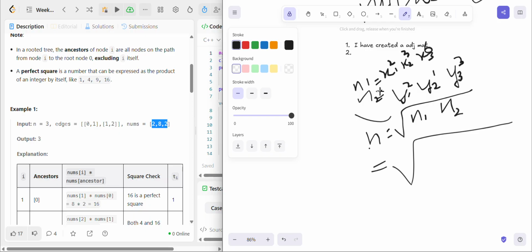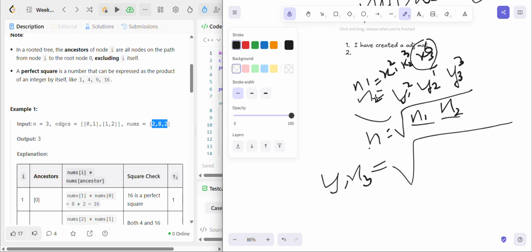If the power is even, like 6, it will go out of the root, right? x3 will go out, and here y1 will go out.